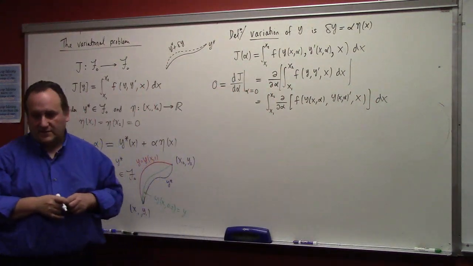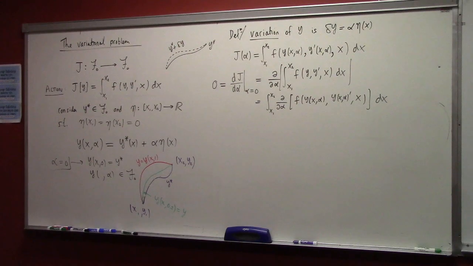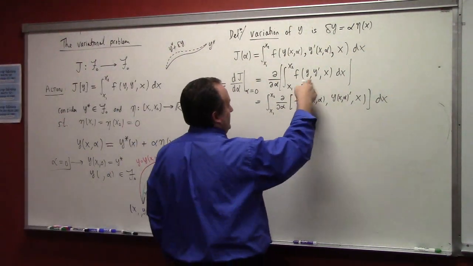So how do you differentiate a function of several variables? Well, we have the chain rule. And so the chain rule here looks like the following.